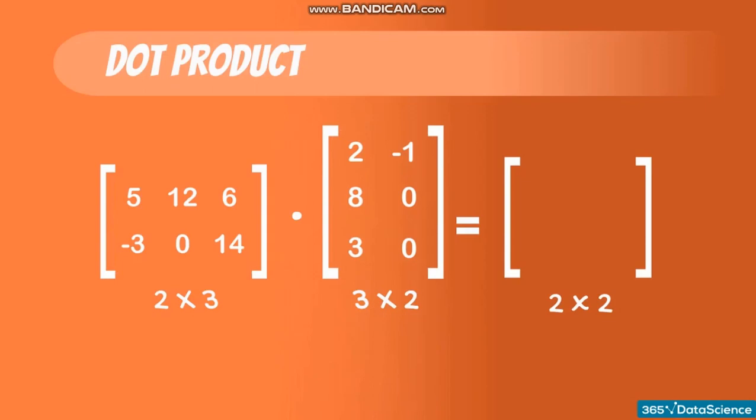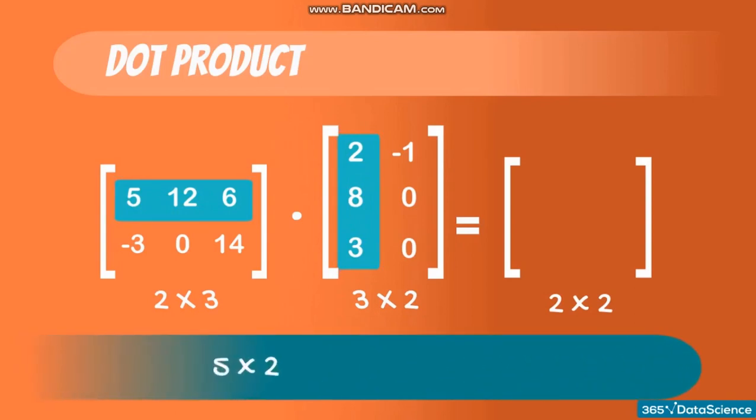In order to find the dot product of the two matrices, we just need to find the dot product of the vectors they are made of. Let's find the dot product of 5, 12, 6, and 2, 8, 3. It is 5 times 2 plus 12 times 8 plus 6 times 3, which equals 124. Easy.